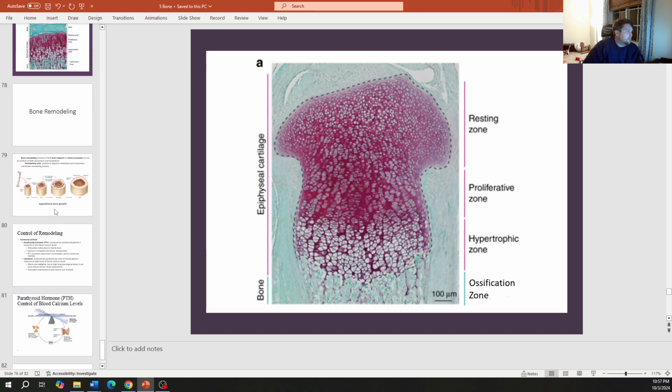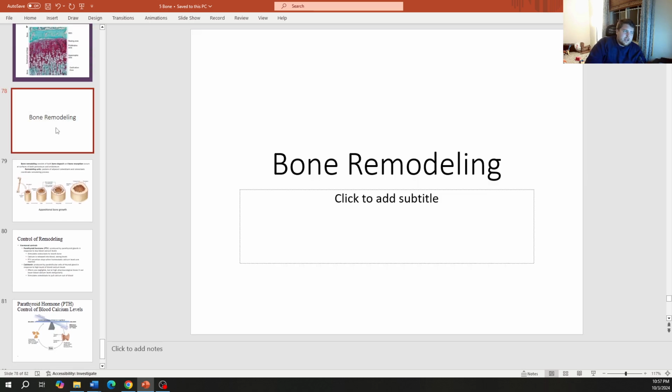Now finally, bone remodeling. So this is not just due to injury. Bone remodeling is something that is constantly happening for any number of reasons. Like I mentioned before, it can be because we started doing a new activity. We started weightlifting, we started running.